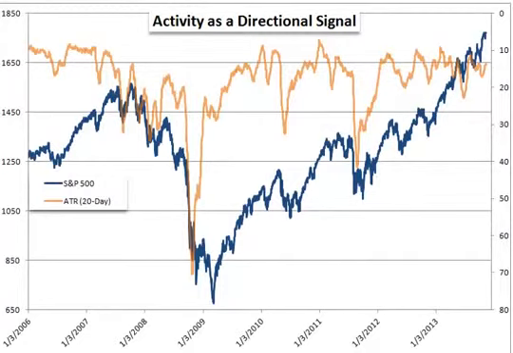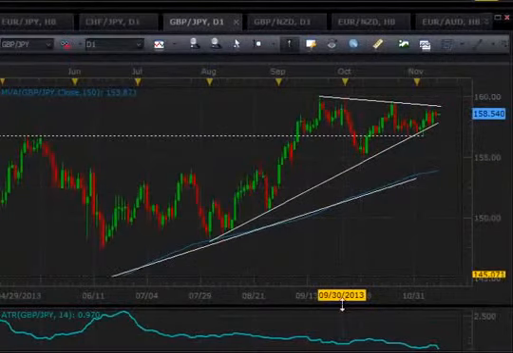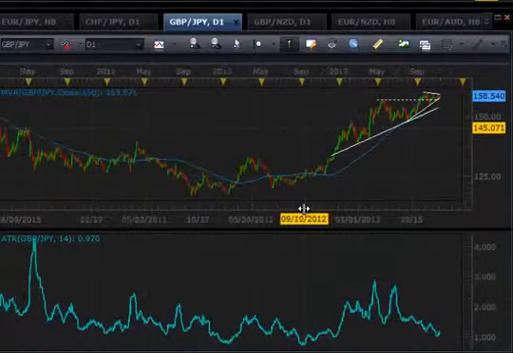Now this is not just unique to the S&P 500. This just so happens to also be a positive correlation to the same currency pair we were just looking at, the pound yen. And this is actually going to be an indicator that is very similar across all the yen-based crosses, because it's a carry trade pair.